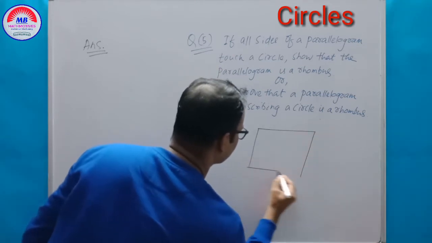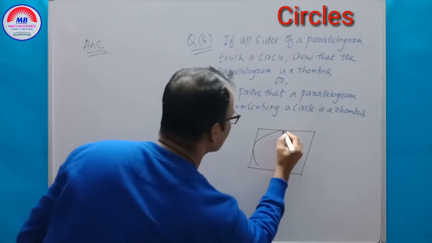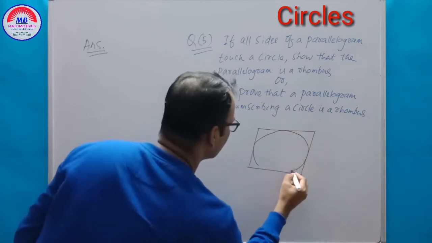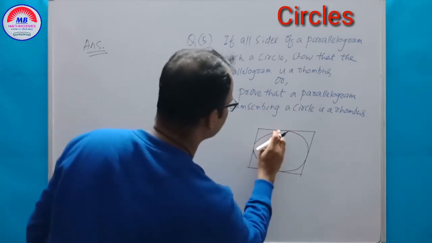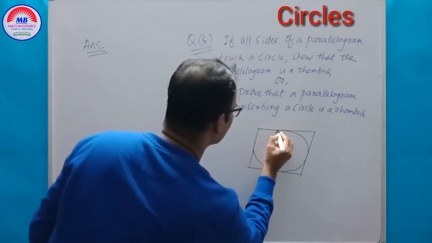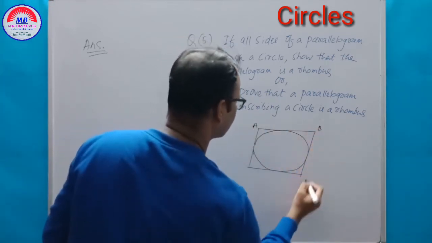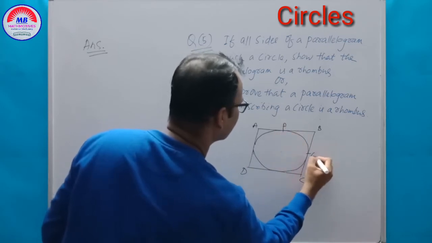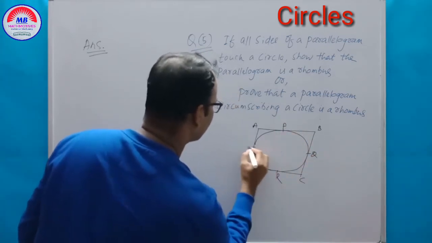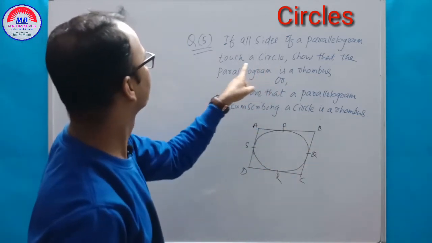A parallelogram and a circle. Draw it perfectly. It is ABCD. Let's take P, Q, R and S. Given that all sides of the parallelogram touch a circle.